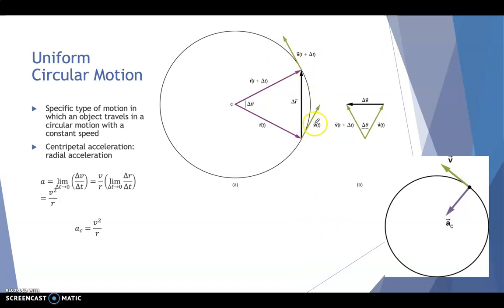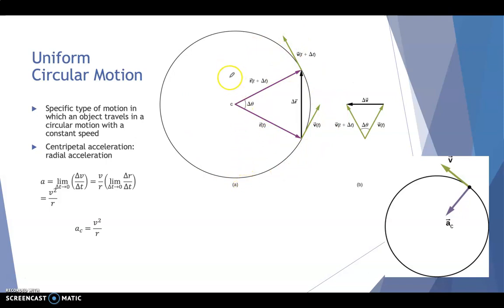So your speed will remain the same, but your acceleration may change.